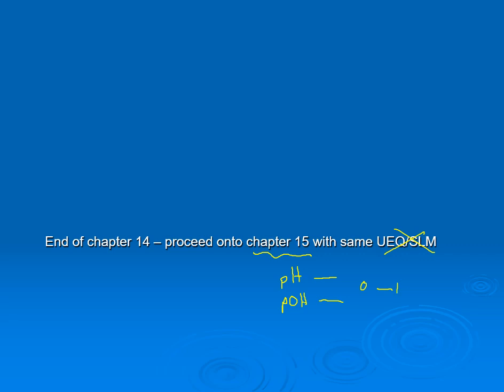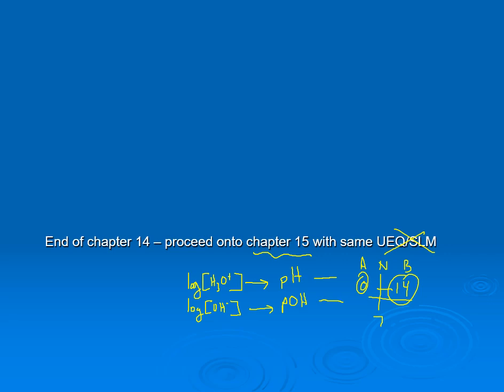And we can then develop the 0 to 14 scale. pH is actually a mathematical formula: the negative log of the hydronium ion concentration gives us pH, and the negative log of the hydroxide ion concentration equals the pOH. Out of all of this, we get these numbers 0 to 14. The closer you are to 0, the more acidic you are. The closer to 14, the more basic you are. And if you're at 7 in the middle, you are neutral, like water.